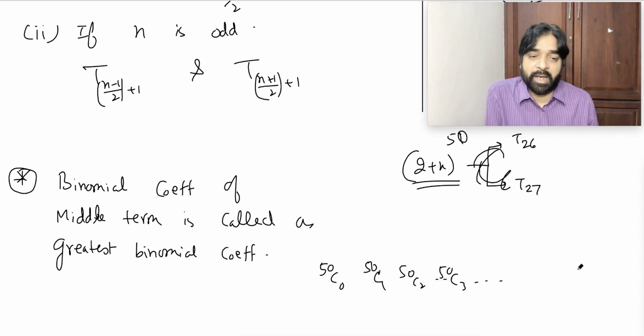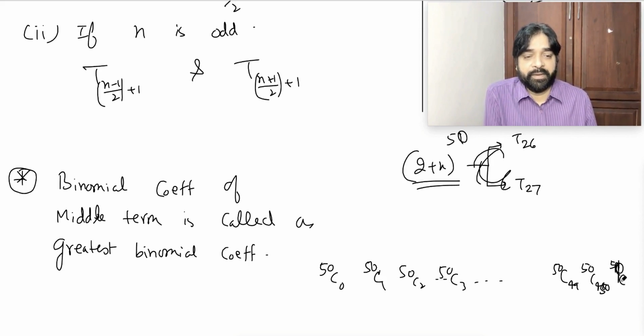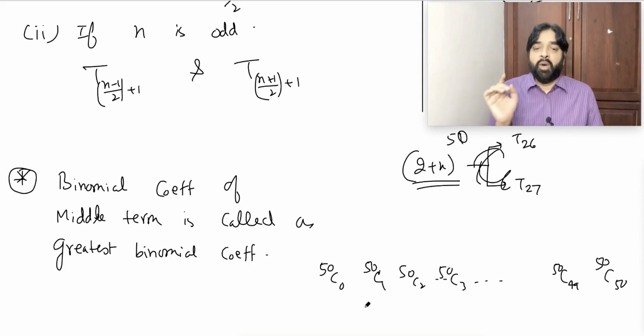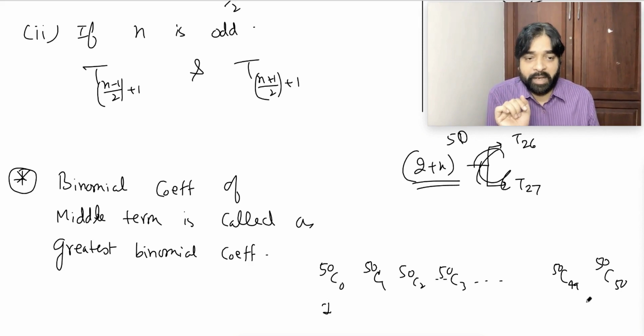What will be the last binomial coefficient? 50C49, 50C50. 50C50, what is the value of this? It's 1. And what is the value of 50C0? 1. It means the value of the binomial coefficient here is whatever it is, here also the same thing. Whatever this value is, it will be the same as this one.